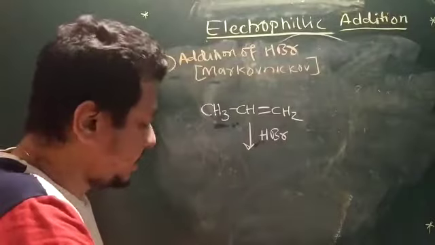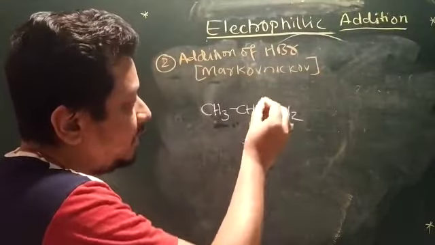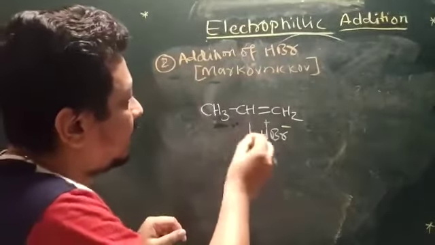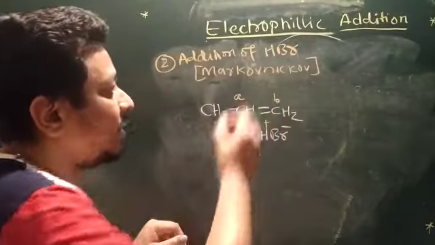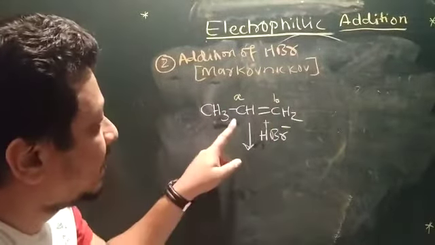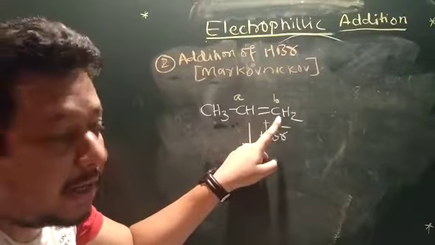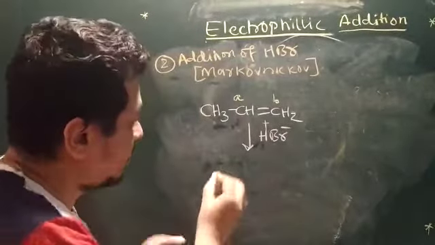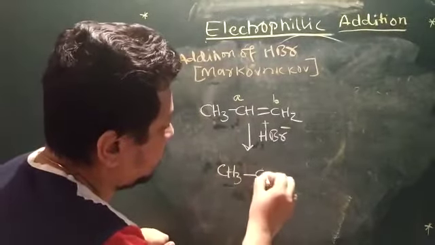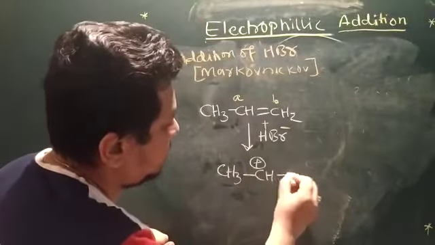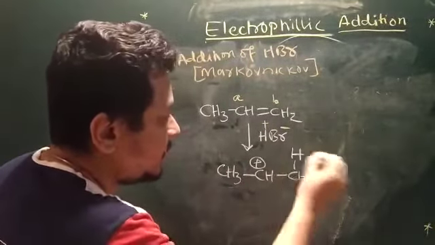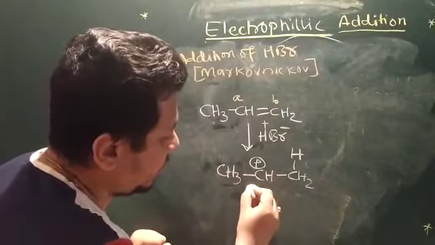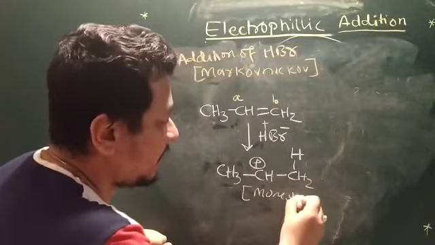H is nothing but H plus and Br minus. So this double bond has to donate the electron to the H plus. Now the H plus can be added to carbon A or carbon B. But if H plus is added to carbon B, it generates a carbocation at carbon A. And if you see, this carbon A forms the more stable carbocation.